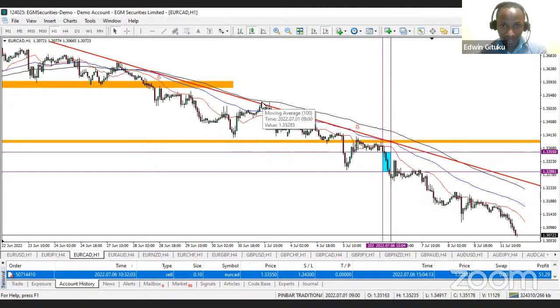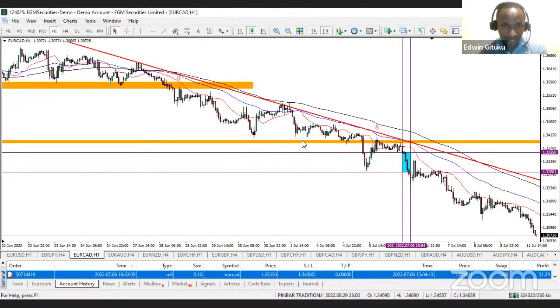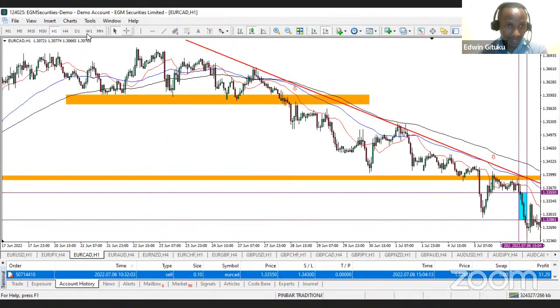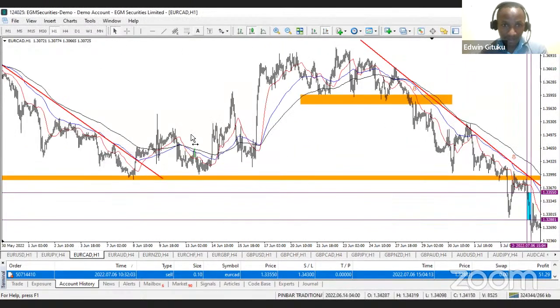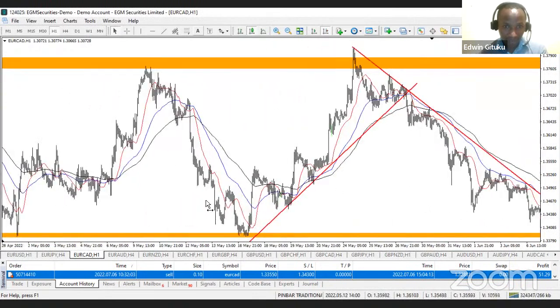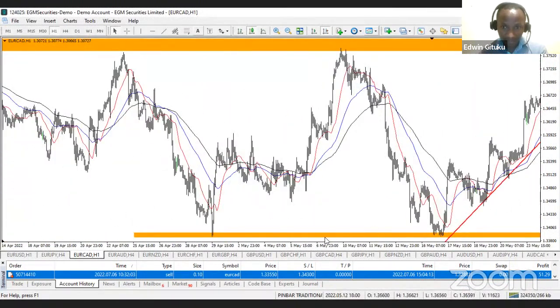Price rises, retests the trend line, drops again. And if you look at this zone, if I could try to minimize the chart, you'll notice that it had served as a very strong area of support long term. So this is the area.